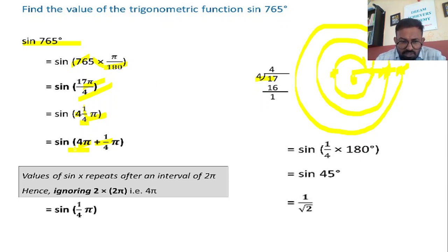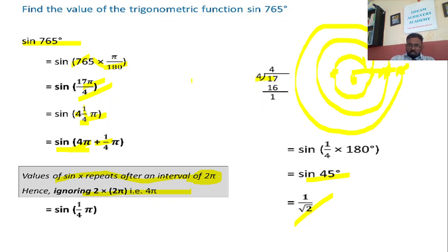As it repeats, the value of sin x repeats after an interval of 2 pi. After an interval of 2 pi it will be repeating, therefore we will ignore the value sin 4 pi. We will consider only sin 1 by 4 into pi, or sin pi by 4. Sin pi by 4 is how many degrees? 45 degrees. Sin 45 degrees, what is the value? 1 by root 2. This is the way.